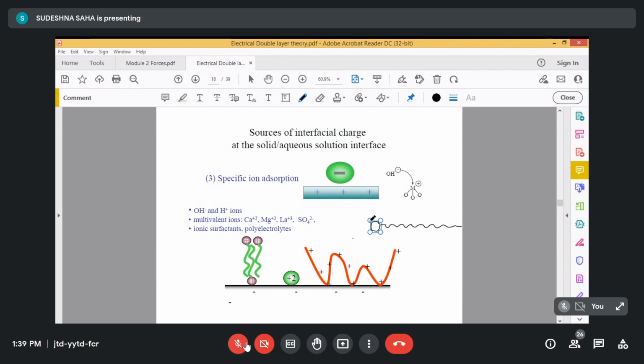This surface group is the head, either hydrophilic or hydrophobic in nature, and depending on that you will have a positive or negative sign. Ma'am, like soap molecules? Yes, soap.